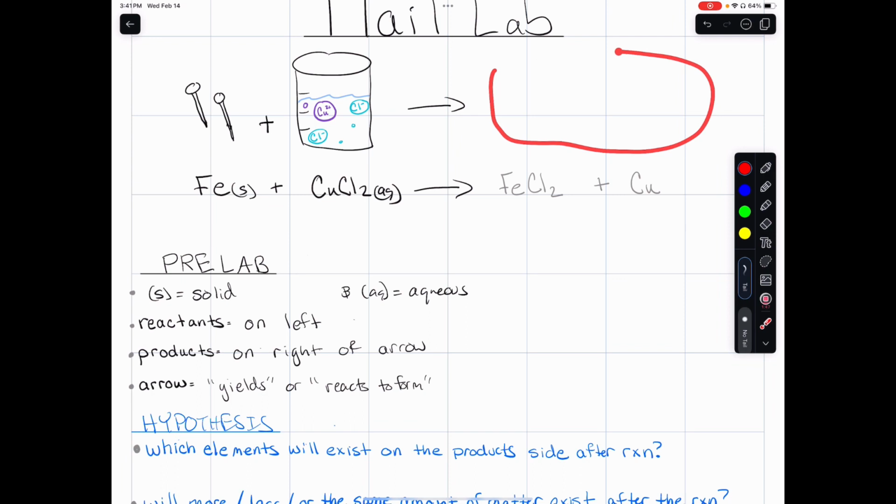Will we have more particles than that, fewer, or the same amount on the right side? Have we learned anything about the conservation of matter and mass? I will leave the second hypothesis for you to complete on your own.